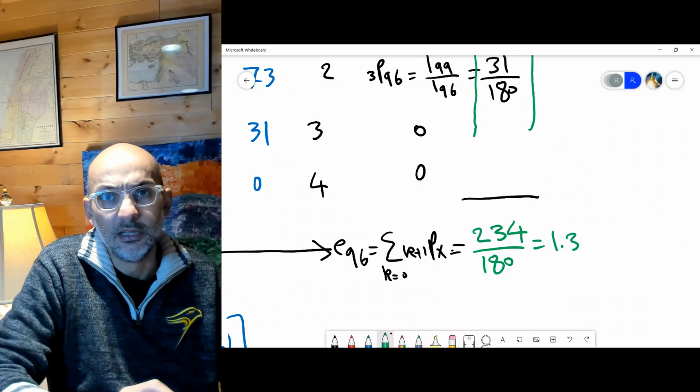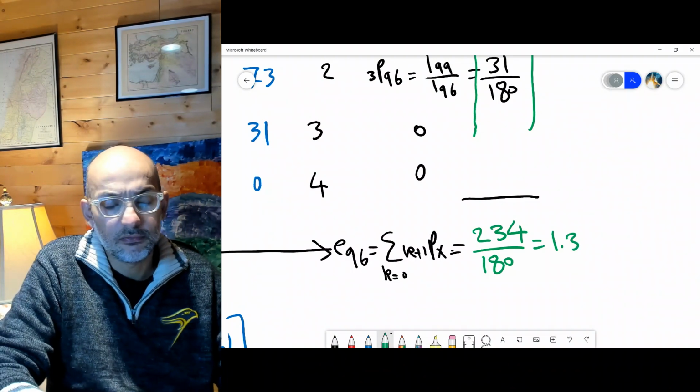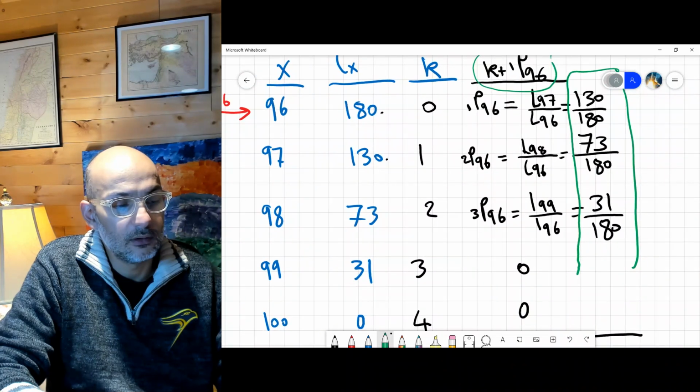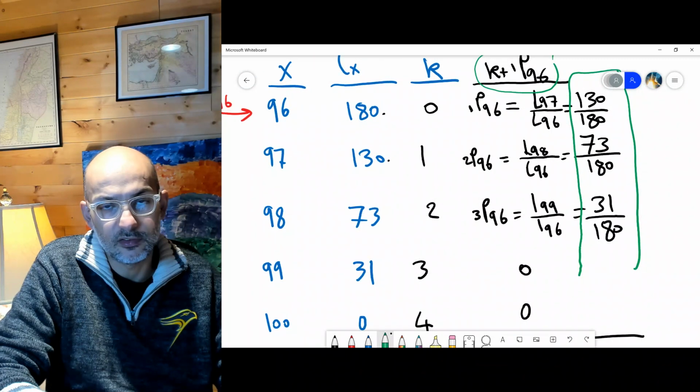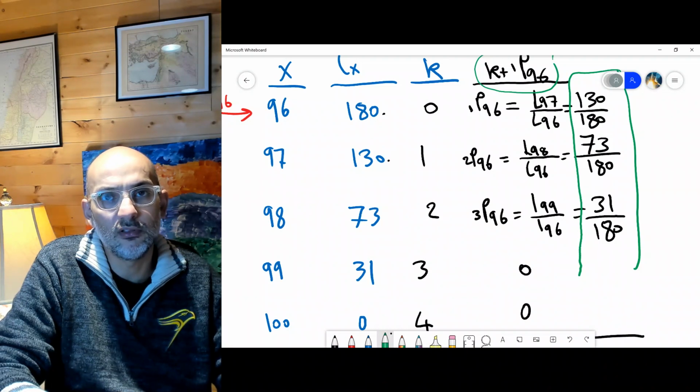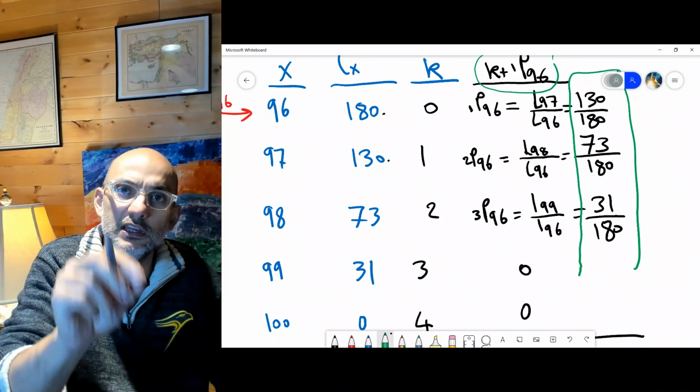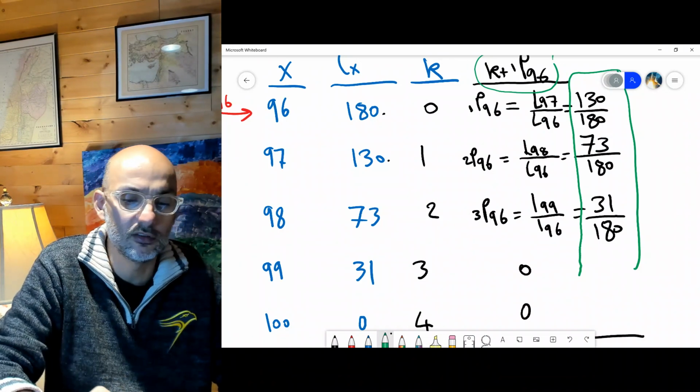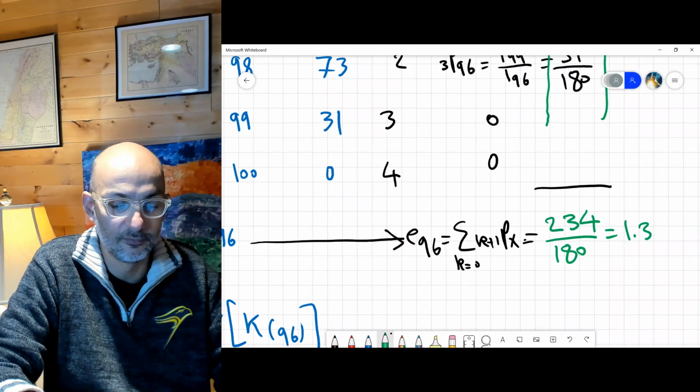What does that mean? For a life at age 96, it's expected that this life will have 1.3 years of remaining lifetime. So at age 96, the life expectancy for somebody who reached that age is 1.3 years.